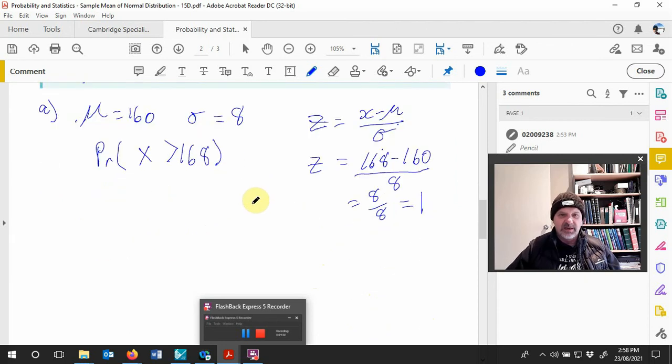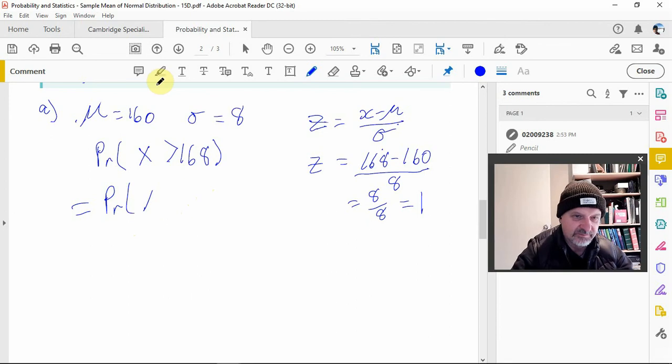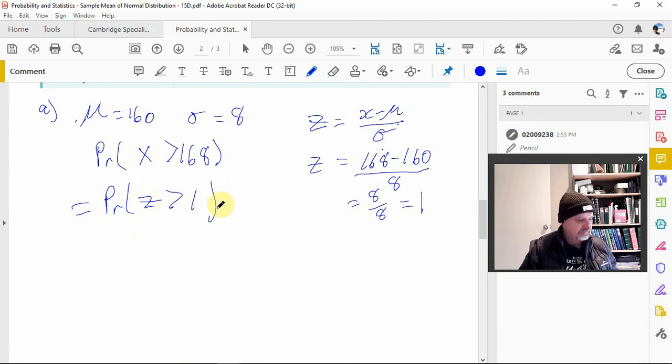So what we are interested in, for that probability, is the probability that z is greater than 1.